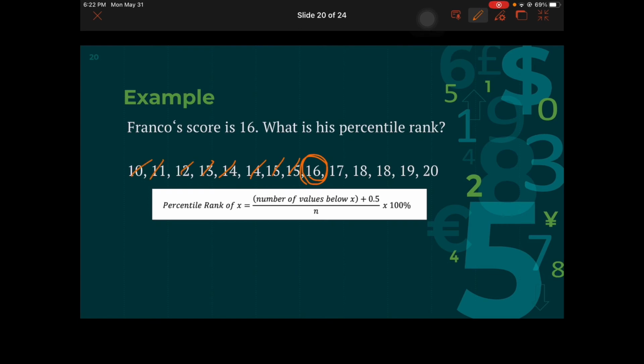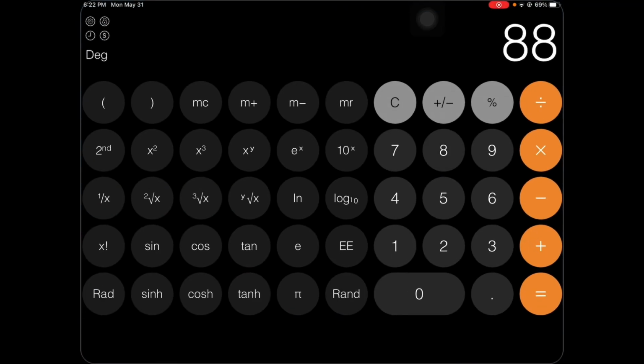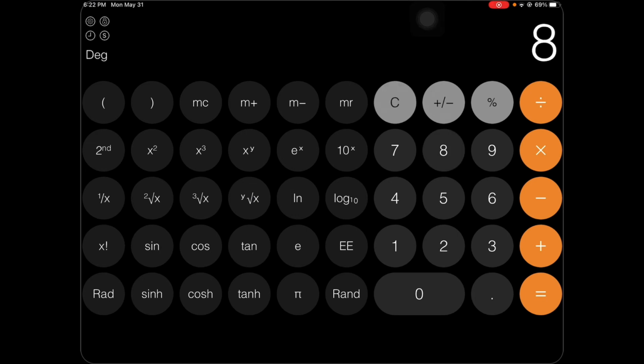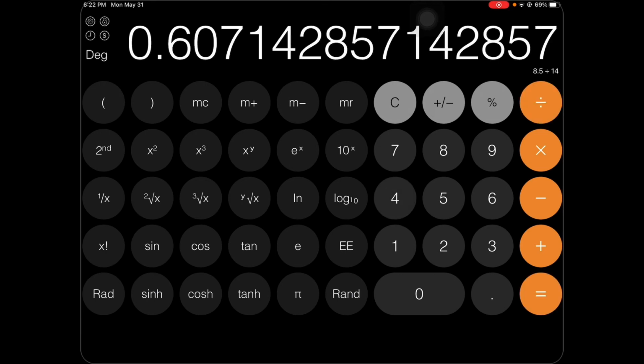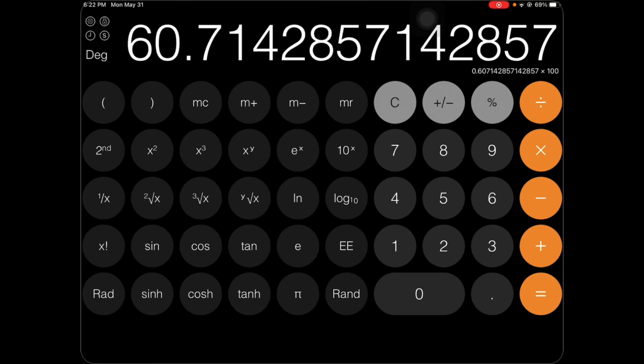So, ang percentile rank niya, that's going to be 8 plus 0.5 divided by n, which is 14, times 100%. Now, using our trusty calculator, that's 8.5 divided by 14 times 100. So, it's roughly 61%.